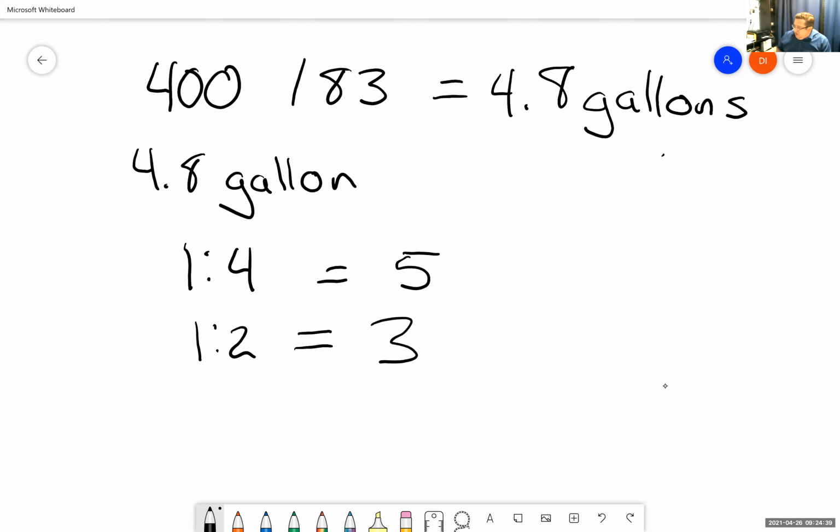So knowing how much product I need and the coverage rate is going to help me determine how much product to buy. And I'm always going to buy where I can round up. So I'm going to look at those dilution rates on the bottle to see how much it will make. Is it a 1 to 4? Is it a 1 to 2? A 1 to 3?